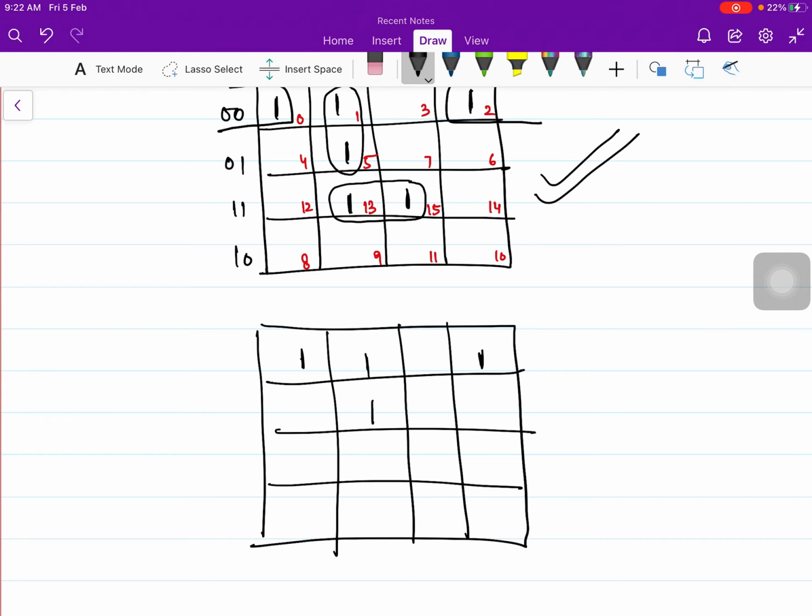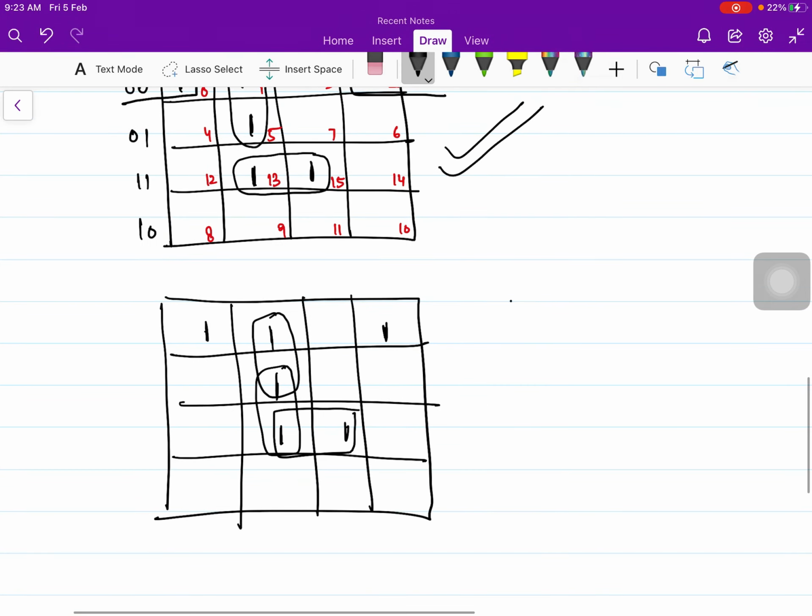You are having ones at these places. So at first glance, you might have combined these two. You might have combined these two. Then you might have combined these two. Don't you think that there is a redundancy in this pairing? Because when you are grouping, I'll again draw it.